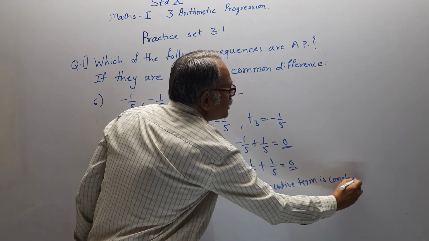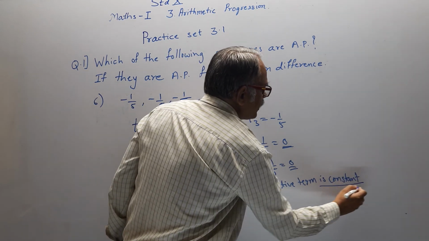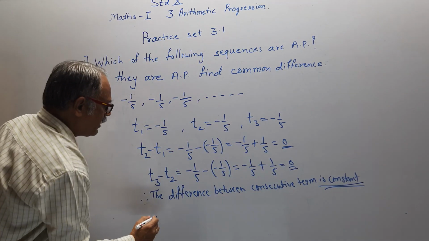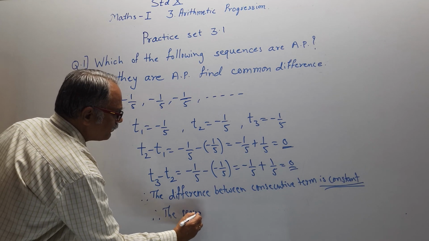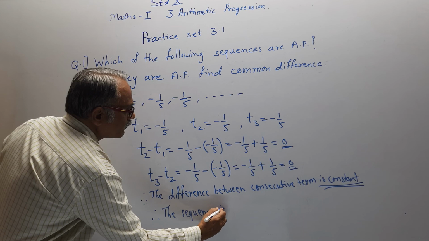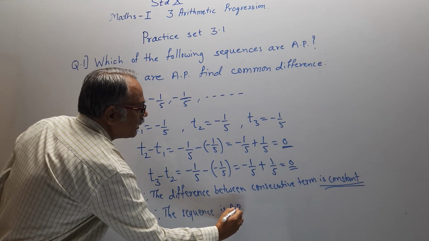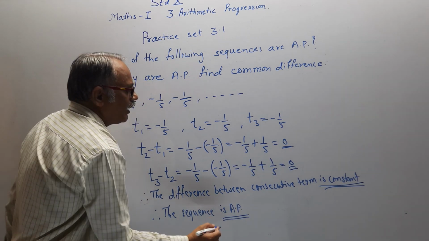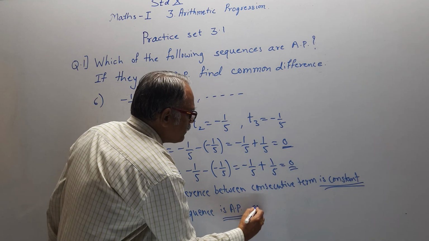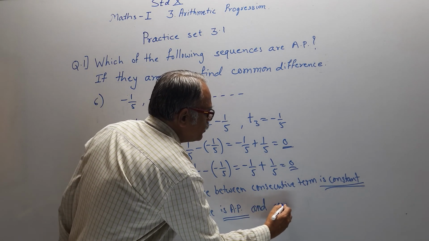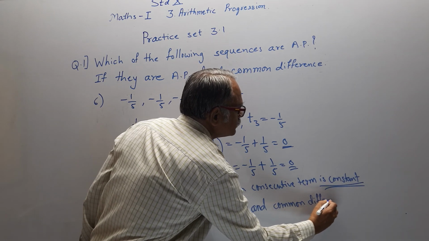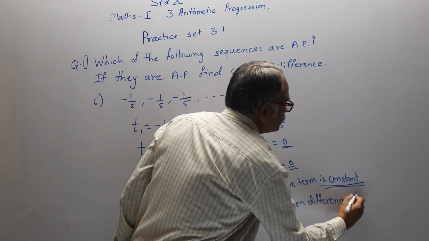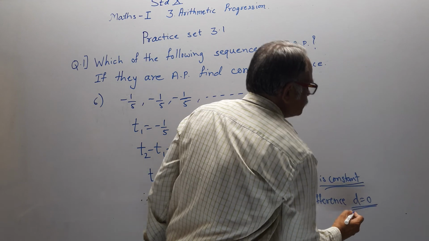If it is constant, then we say that it is AP. Therefore, the sequence is AP, and the common difference D is equal to 0. Write it.